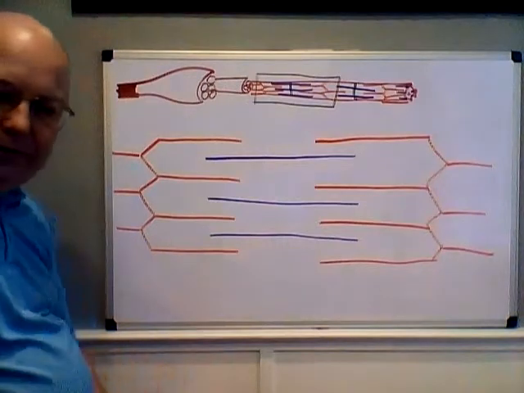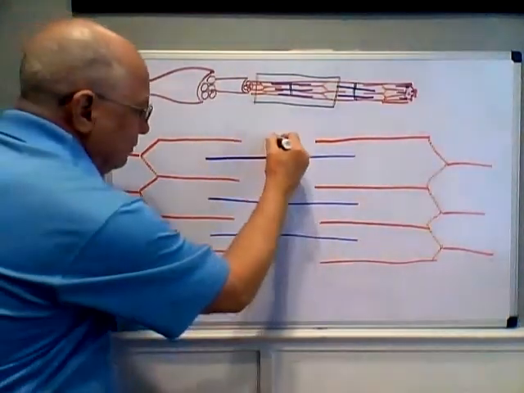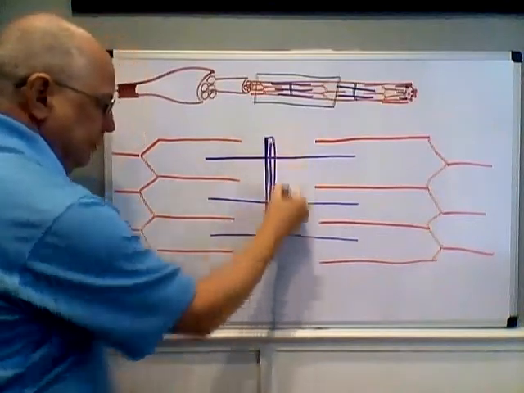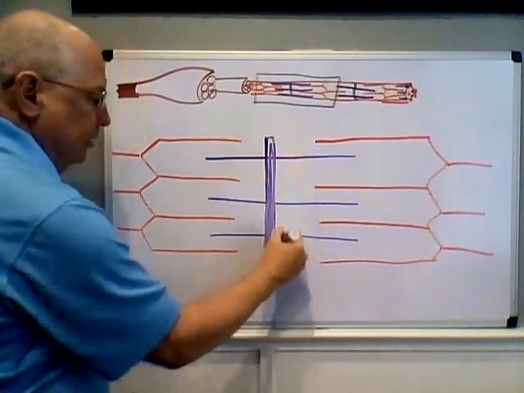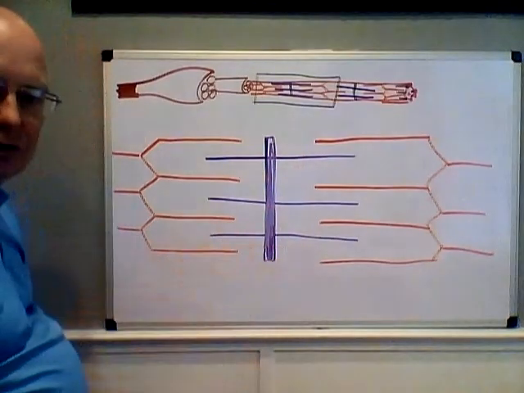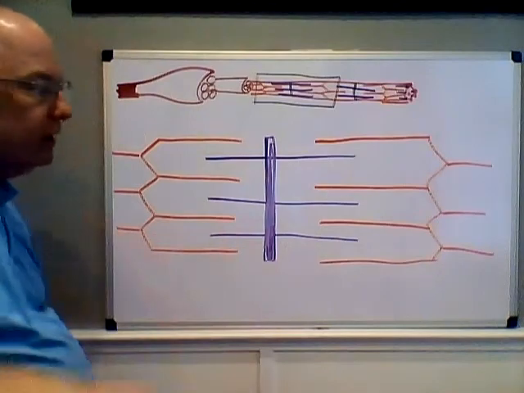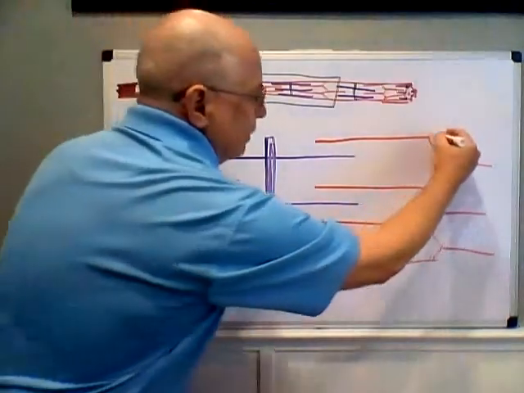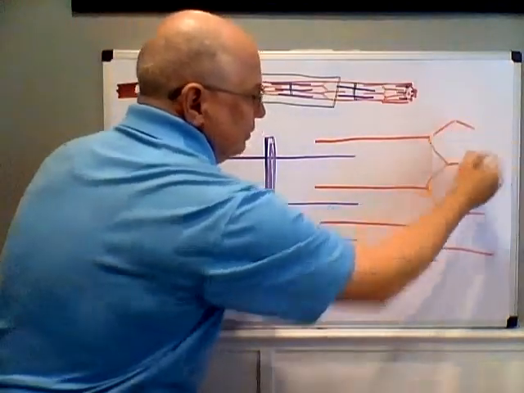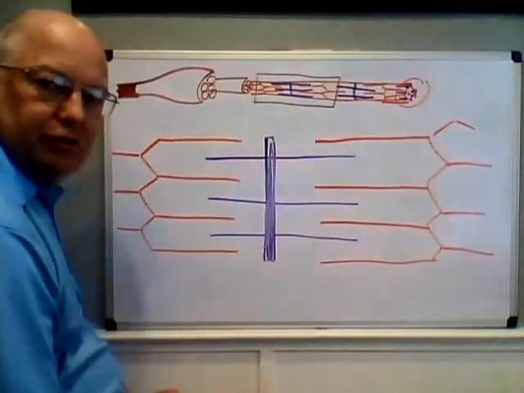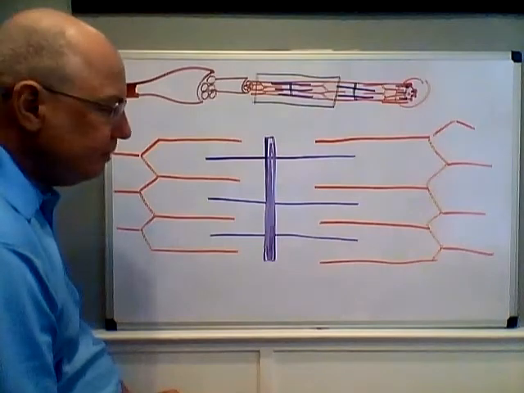Now running right down the middle is going to be a thick band like this. Okay, I'm going to fill this in. Now what we are seeing is sort of a flat structure, 2-dimensionally, but in 3 dimensions, this would actually go around sort of in a ring like this and go on the other side, so that we're looking at a sort of a rounded tubular structure of protein.